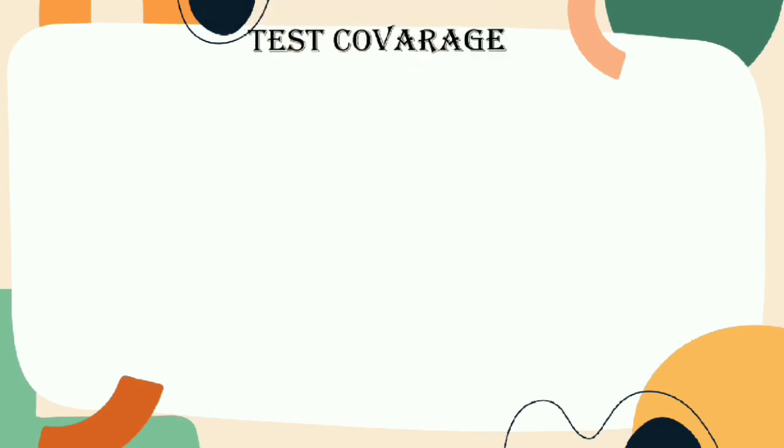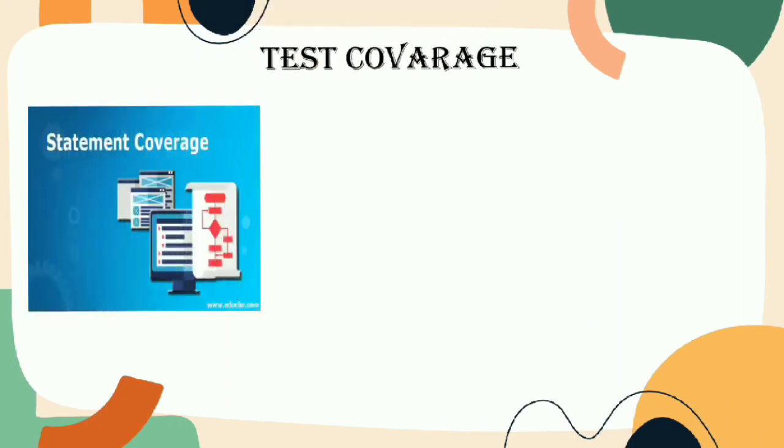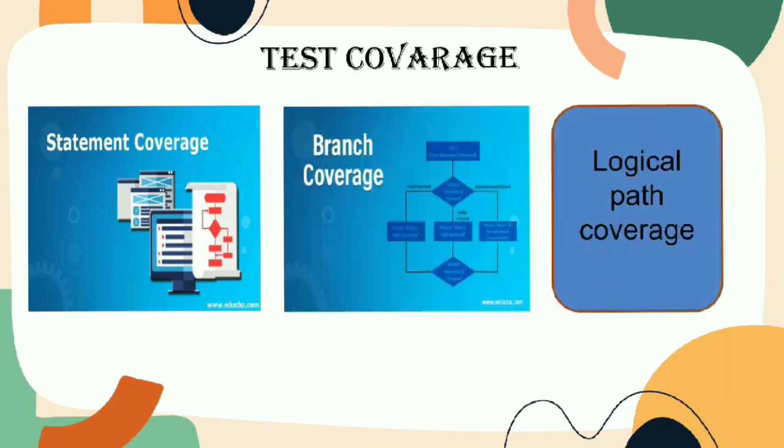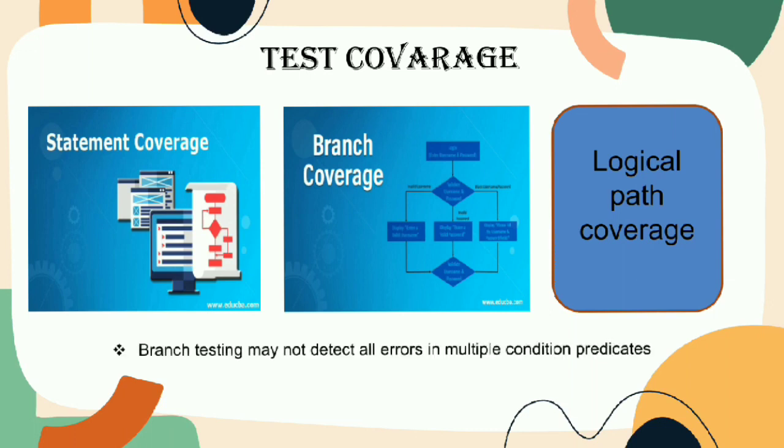Test coverage. Commonly used measures of test coverage for unit testing include statement coverage, branch coverage, and logical path coverage. Branch testing may not detect all errors in multiple condition predicates. The first one, statement coverage.